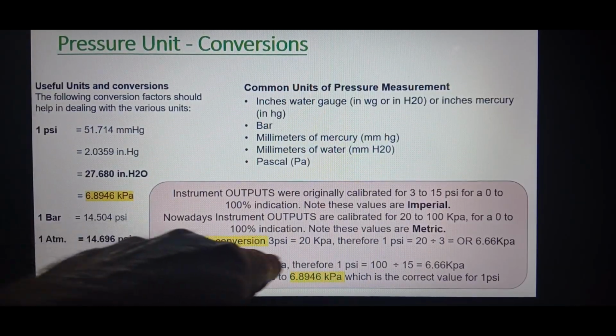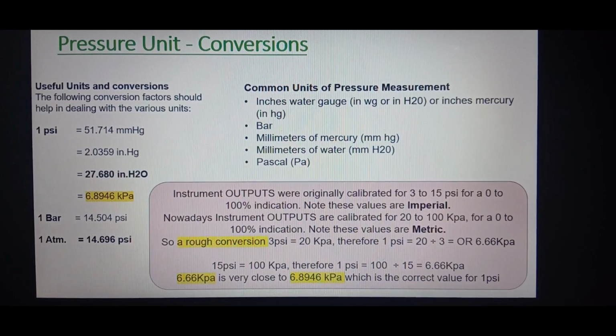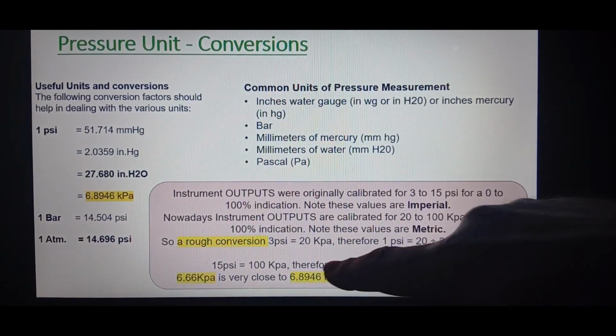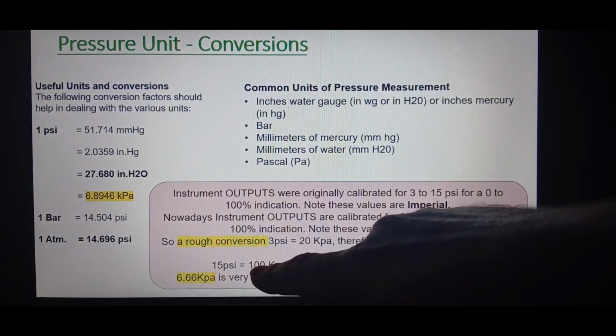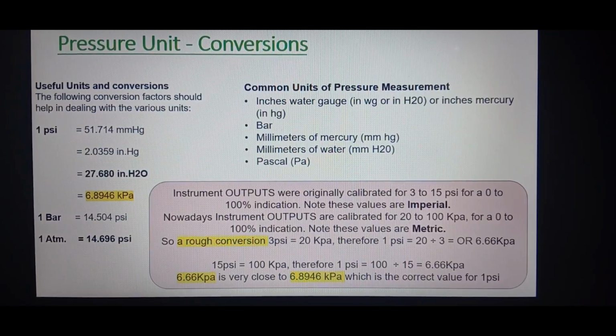So if you read what I've written here, a rough conversion: if you divide 20 by 3, you would get close to 7. It actually works out to 6.66 kPa. If you do the same with the 15 psi and the 100 kPa, divide 100 by 15, again you will get 6.66.